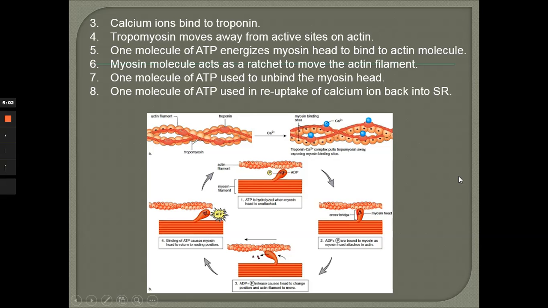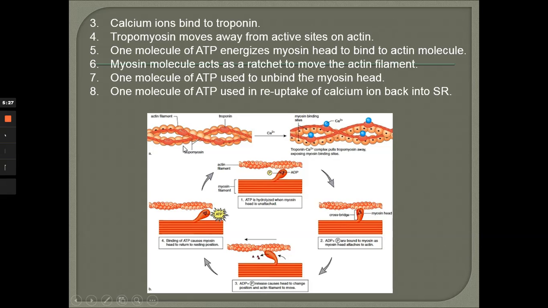Remember, troponin was one of those regulatory proteins associated with the actin filament. The troponin is attached to the tropomyosin. And something else you learned about the tropomyosin is that in a relaxed muscle, that tropomyosin is covering up the active sites on the actin. Okay? So right before that calcium gets released, this is what it looks like.